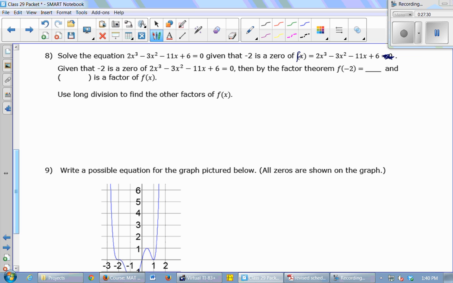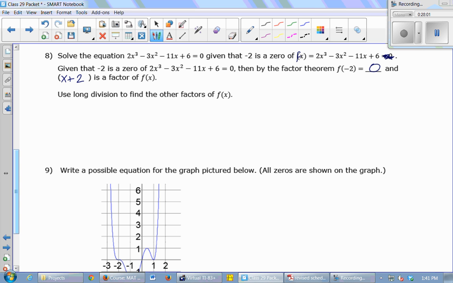So given that negative 2 is a 0, then by the factor theorem, what does f of negative 2 equal? 0. Yeah. If negative 2 is a 0, that means that f of negative 2 equals 0. That's what it means to be a 0. And x plus 2 is a factor.